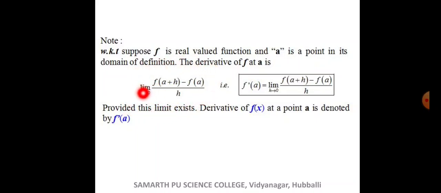It is denoted by f dash of a. F dash means derivative of a function at a point a. So f dash of a is defined as limit of f of a plus h minus f of a divided by h as h tends to 0. Very very important definition.